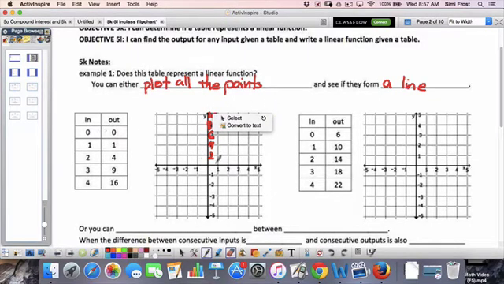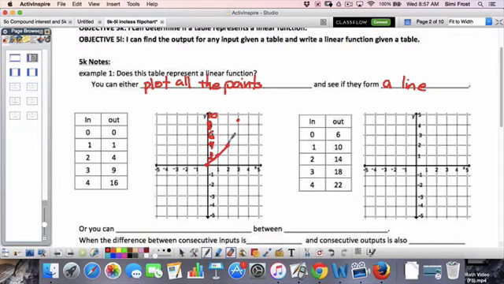All right, so 0, 0 is right here. 1, 1 is here. 2, 4 is here. 3, 9 is here.